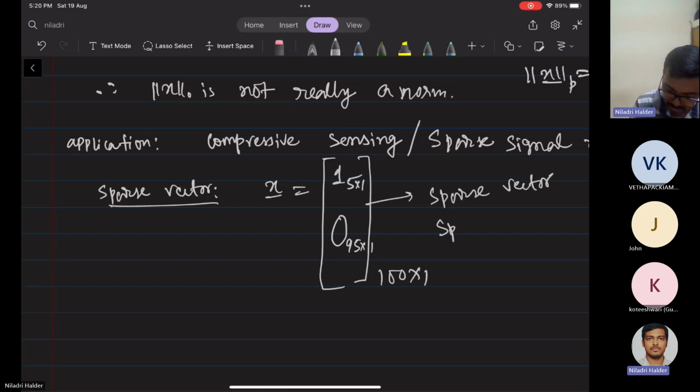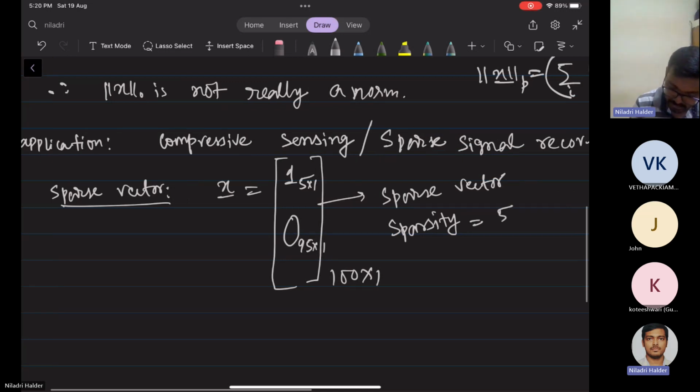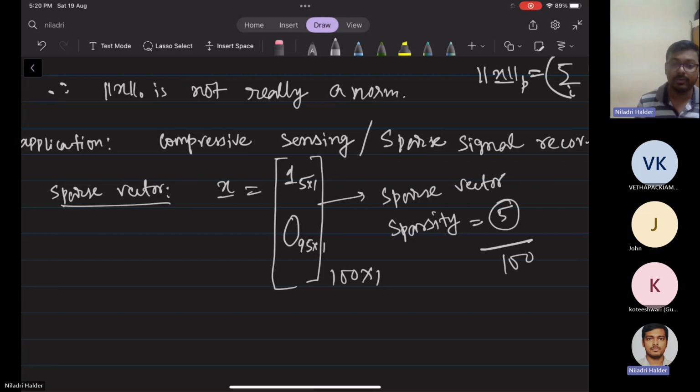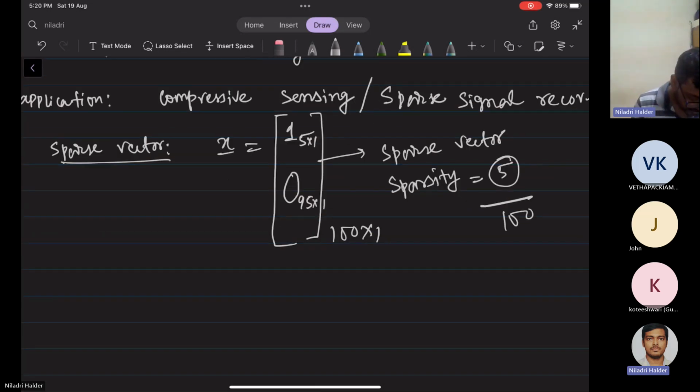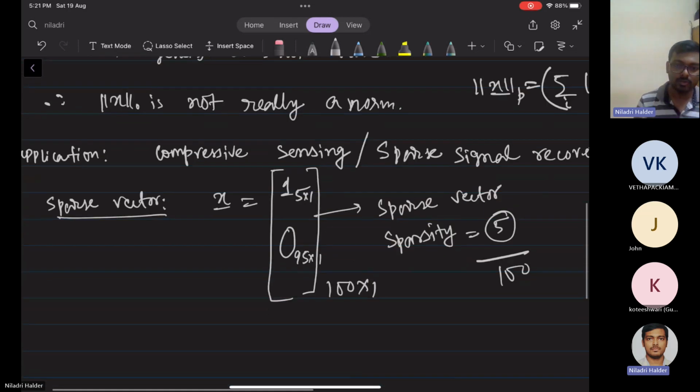And then what is sparsity? Sparsity is how many non-zero elements are there. So here sparsity is five, out of 100. In sparse signal recovery, the L0 norm means the number of non-zero elements. So for a sparse vector, the L0 norm should be very small. We need to minimize the L0 norm to recover the sparse vector.